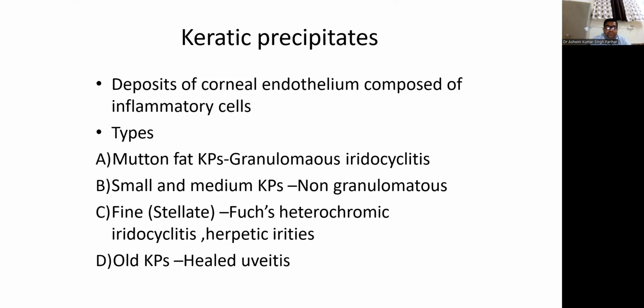Granulomatous uveitis usually has mutton fat KPs, and non-granulomatous will have small to medium sized KPs. In healed uveitis, you will see old, non-active KPs, and herpetic and heterochromic uveitis will have diffuse fine KPs, which we have already seen in our previous class.